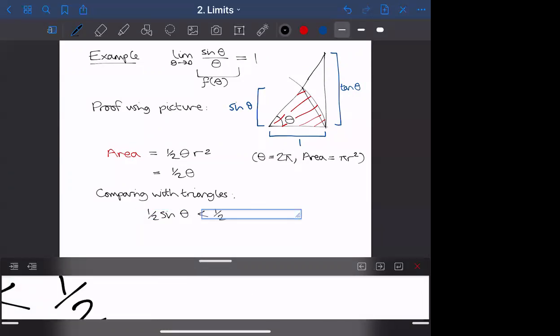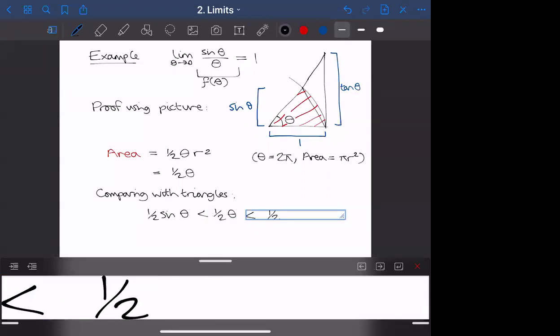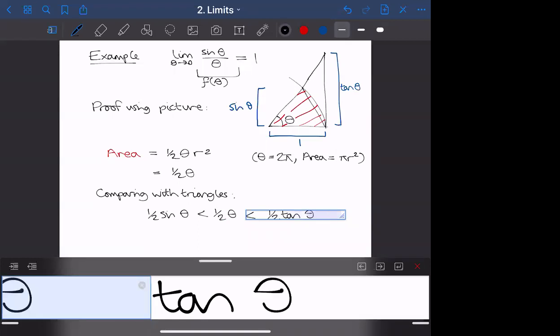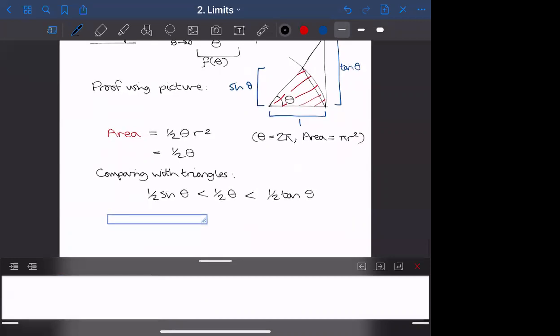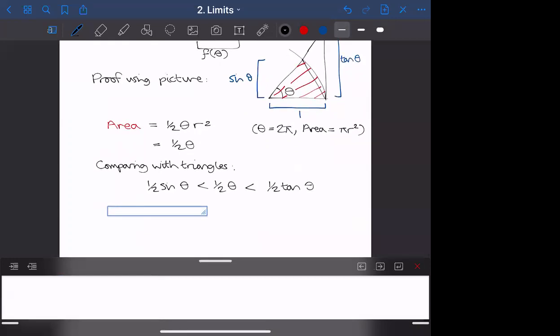So that's obviously less than the area of the slice of the pie, half theta. And it's also less than the big triangle, the one of base 1 and height tan theta. Okay.